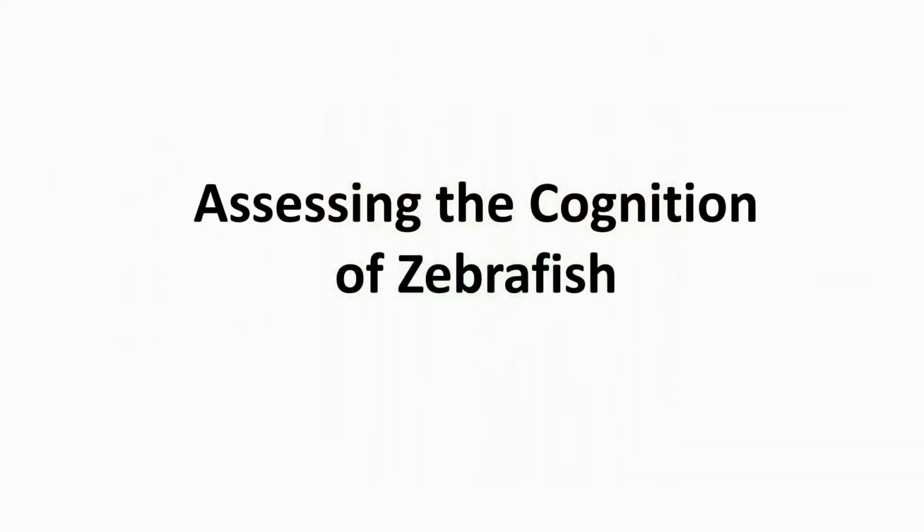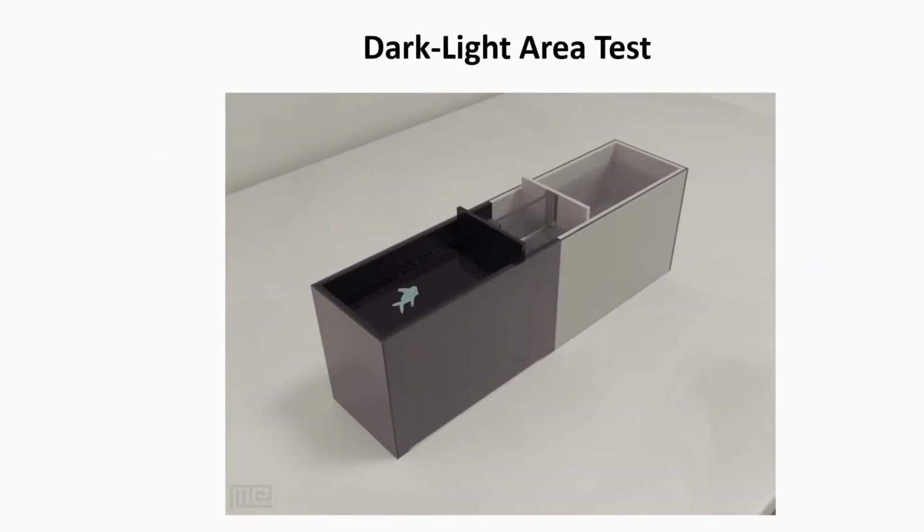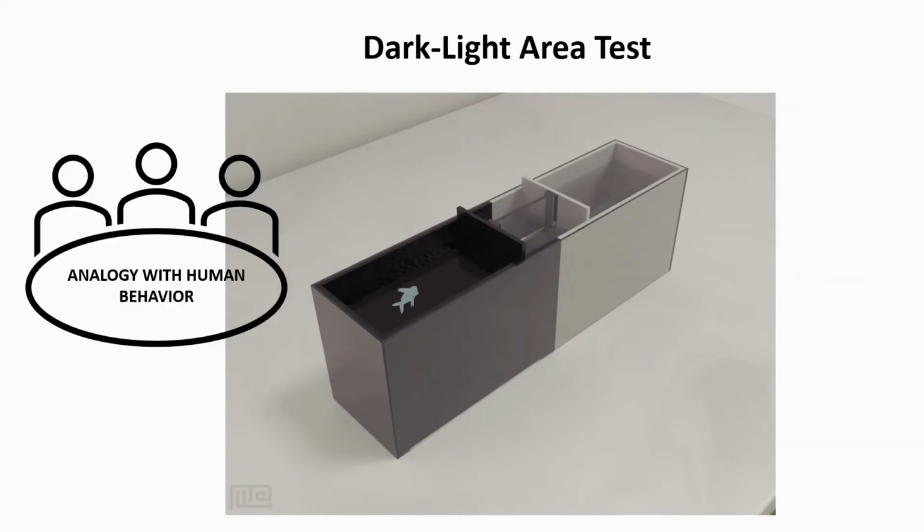Now, the second test is going to be from the cognition section. So let's see how to assess the cognition of the zebrafish. The first test in this group is the dark and light area test. Let me first of all talk about the analogy with human behavior.